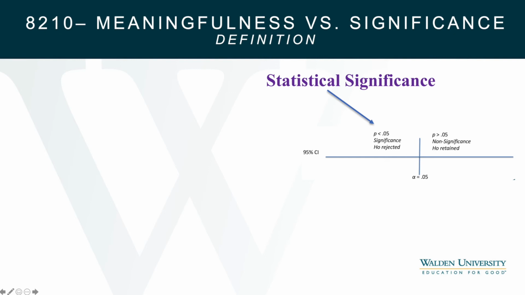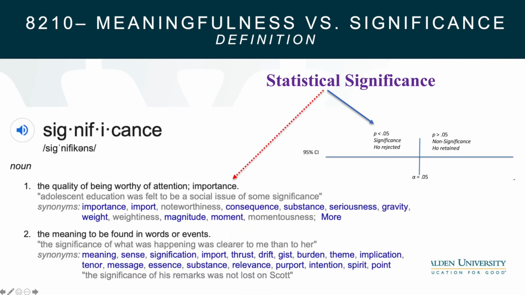I've mentioned in one of the earlier videos that sometimes in statistics we use words that in our common everyday vocabulary mean something else. Well, here is an example of that. When I look up the word significance in the dictionary, and I did that for us here, it shows a certain importance, a meaning.